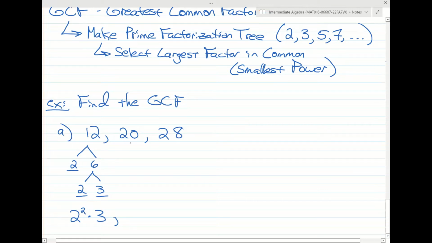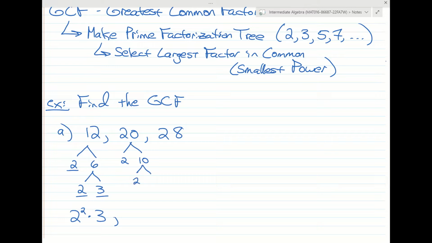Twenty is the same thing as 2 times 10, which is 2 and 5, or 2 squared times 5. 28 is the same thing as 2 and 14, or 2 times 7. So 2 times 2 times 7.